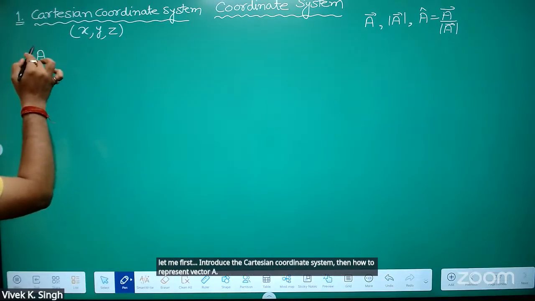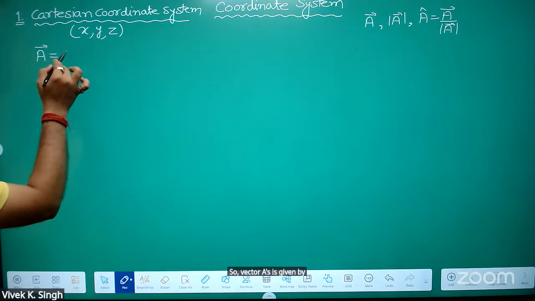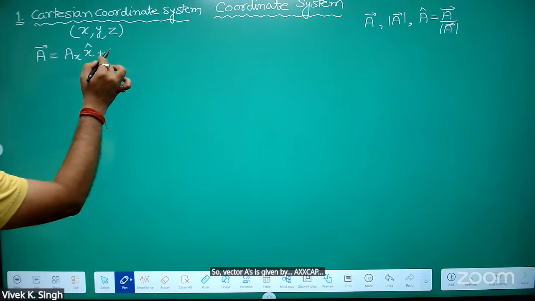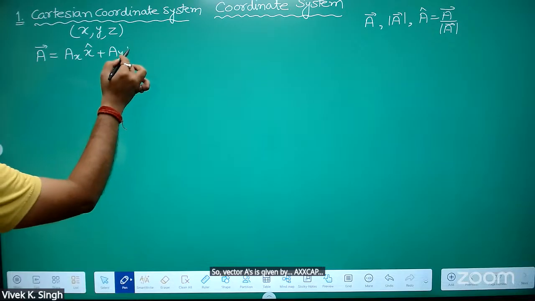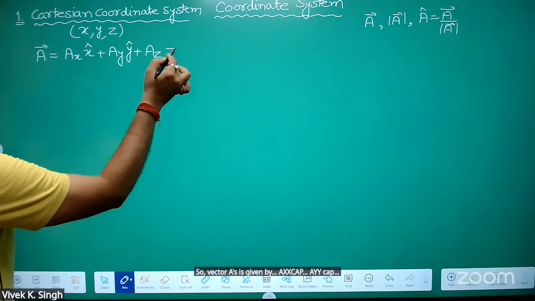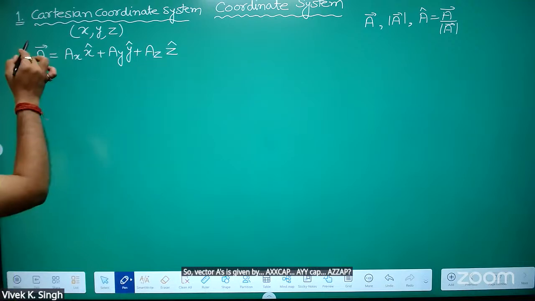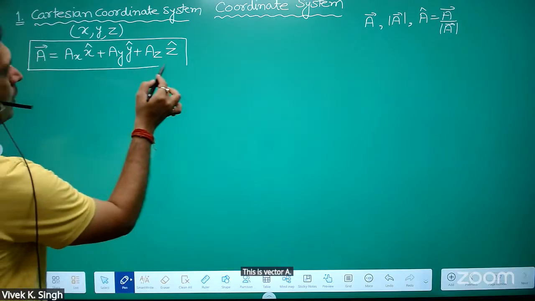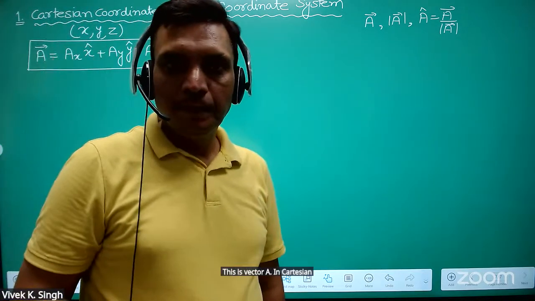So vector A is given by AX x cap, AY y cap, AZ z cap. This is vector A in the Cartesian coordinate system.